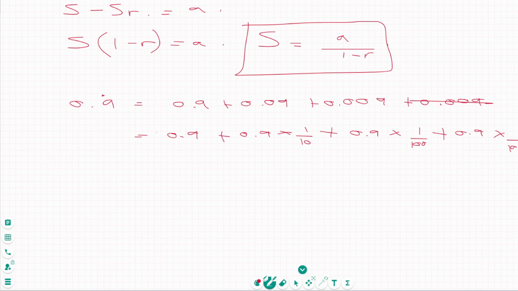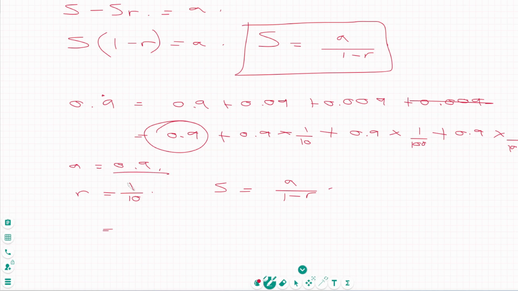So let's think about this. The first term of this geometric series is a equals 0.9, and the common ratio is 1/10. The sum of an infinite geometric series is a over 1 minus r.